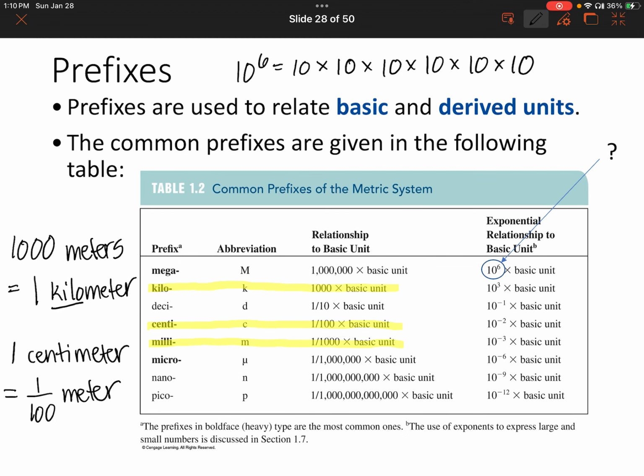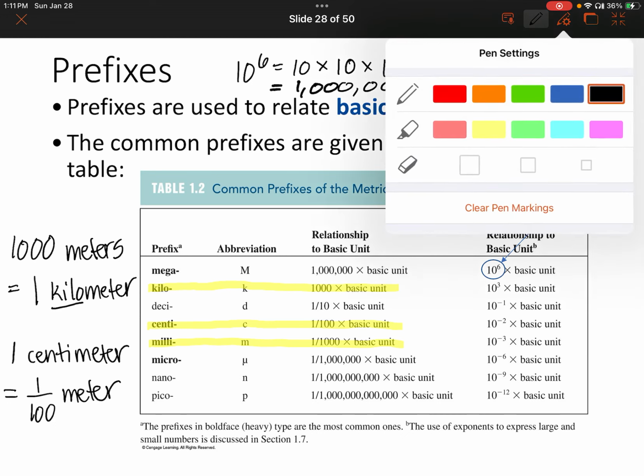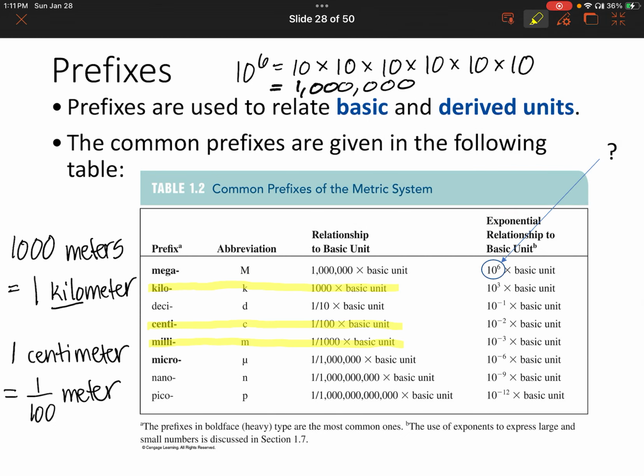And again, if you plug that into your calculator, that will come out to be 1 million. Now, the other handy thing with this that I really appreciate is we're multiplying 6 of these tens together, and 1 million has 6 zeros. So that's another way to look at it.